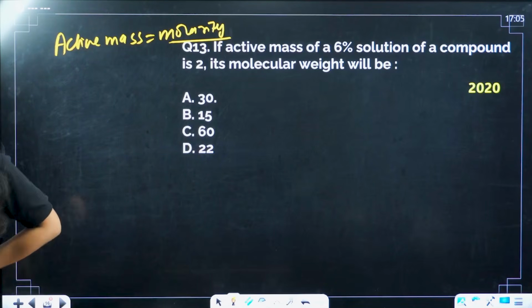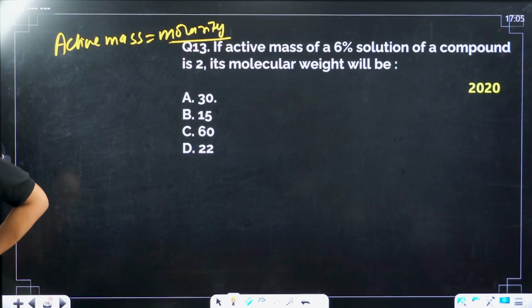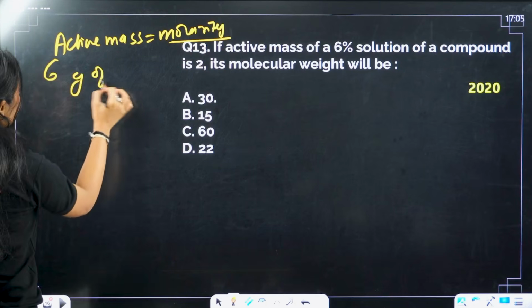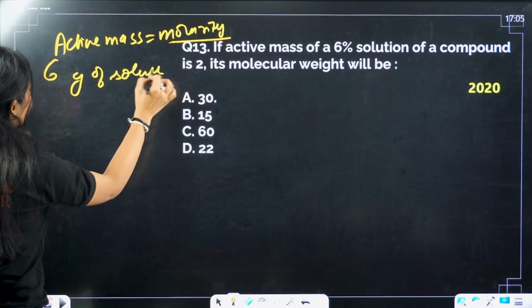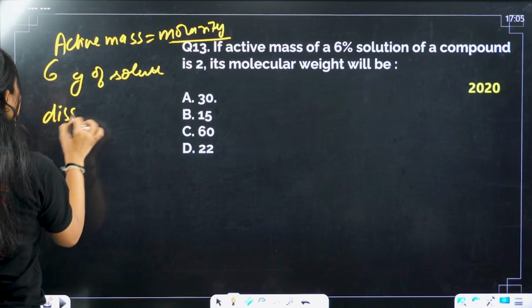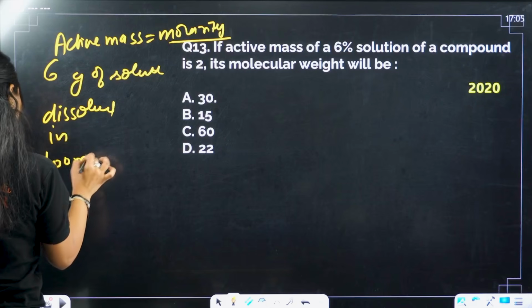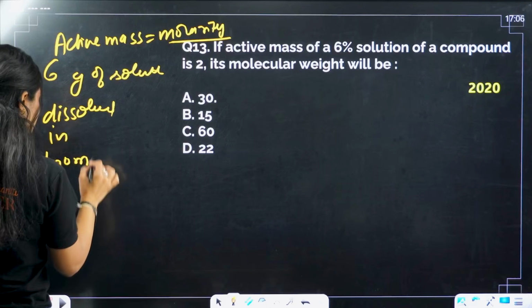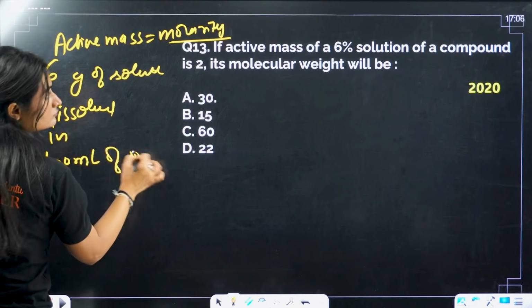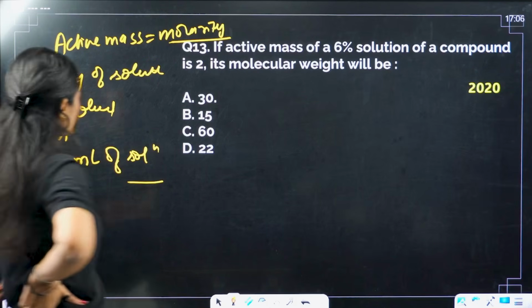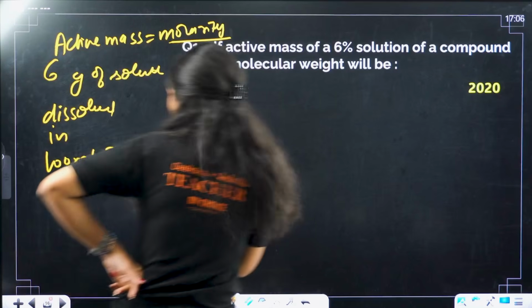We are given 6% of solution. 6% of solution means 6 gram of solute is dissolved in 100 ml of solution.